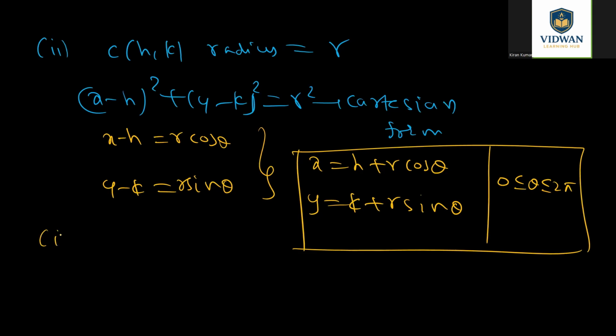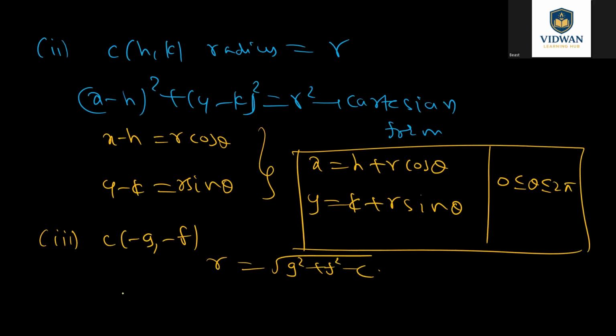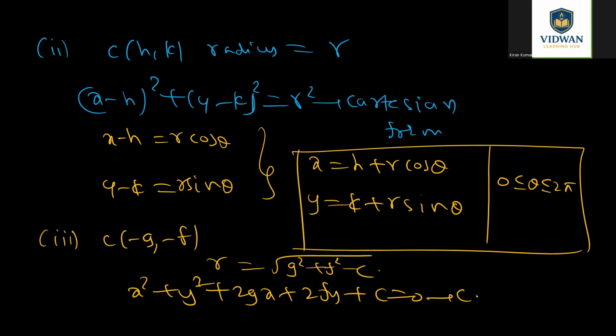In case the circle is changed and the center is given as (-g, -f), and radius r is root of g square plus f square minus c, what is the Cartesian equation? The Cartesian equation is x square plus y square plus 2gx plus 2fy plus c equal to 0.